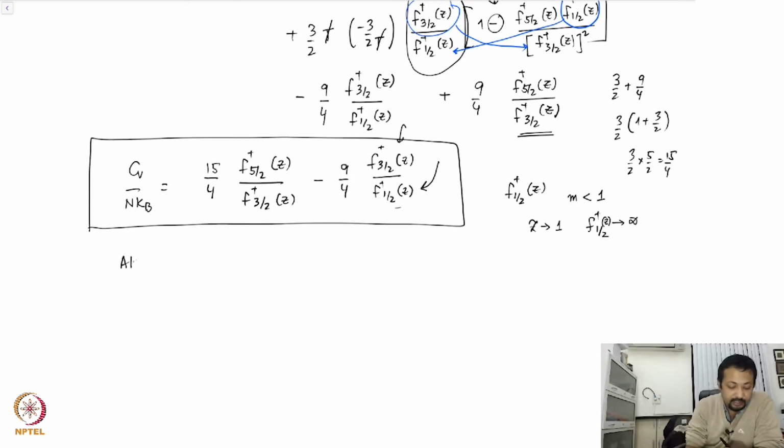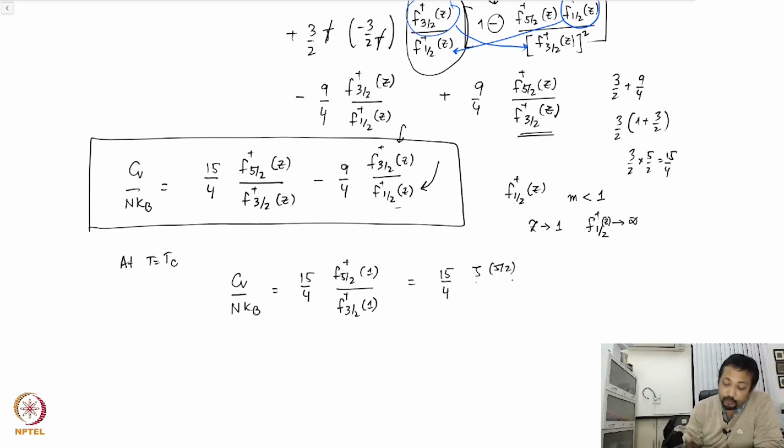So at T equal to Tc, you simply have Cv over NkB equal to 15 over 4 times f_{5/2}(1) divided by f_{3/2}(1), which is 15 by 4 zeta 5 by 2 over zeta 3 by 2. This exactly matches the specific heat that we found when we looked at the case T less than Tc.